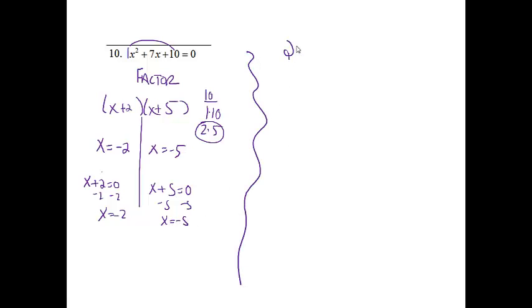All right, let's say this one you decided that you'd really like to do the quadratic formula on. We can do that too. Okay, it's already in standard form and it already equals 0, so we're all set. So A equals 1, B equals 7, C equals 10. So we'll set it up.